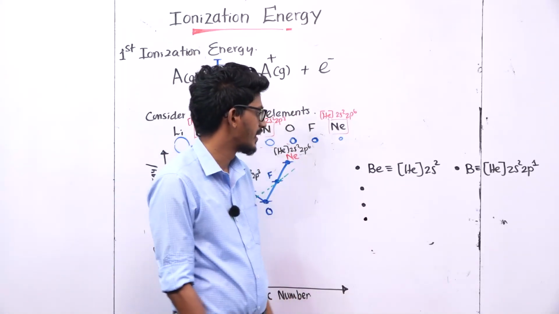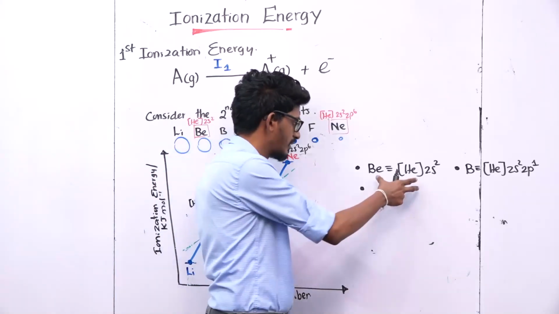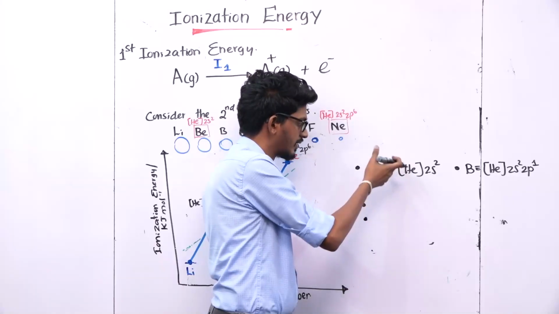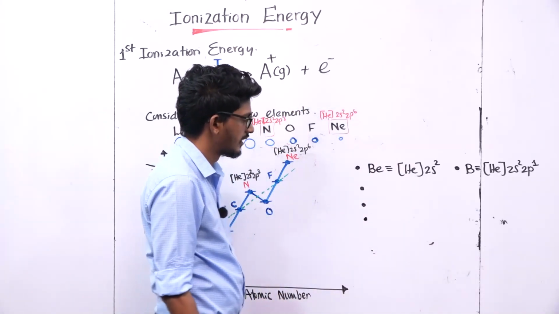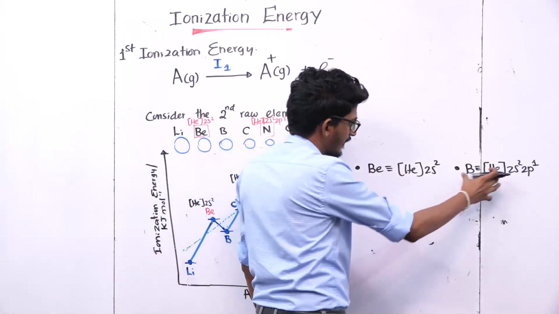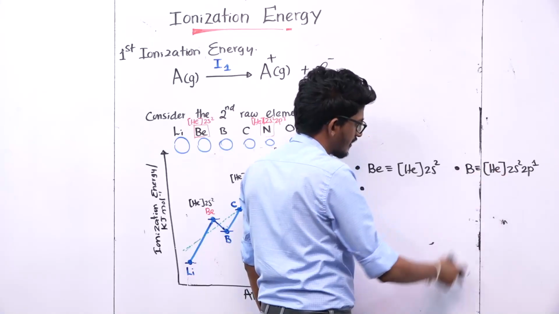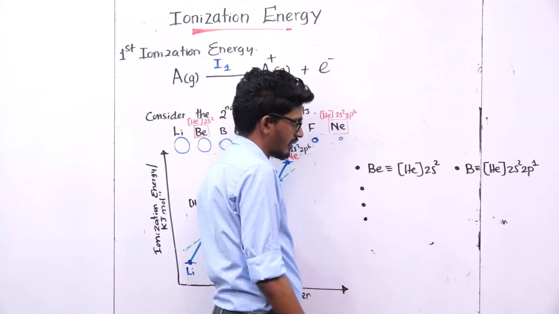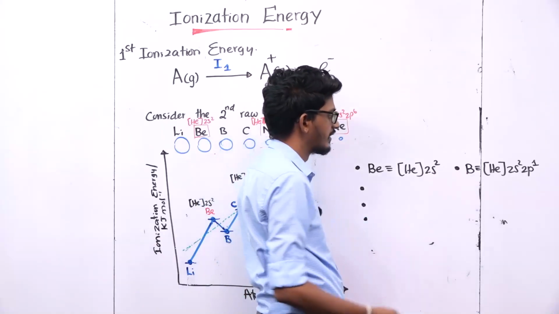So when we are comparing these things, first you need to come up with the electronic configuration. Then you have to say why beryllium is showing some abnormally high value. Then you have to say why this one is not showing such a higher value. Let's write that as well.